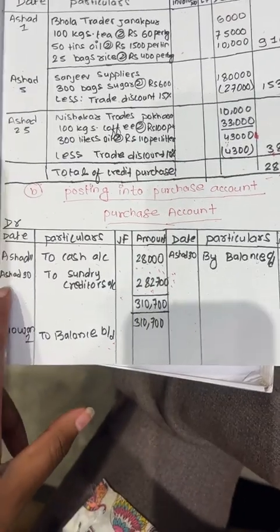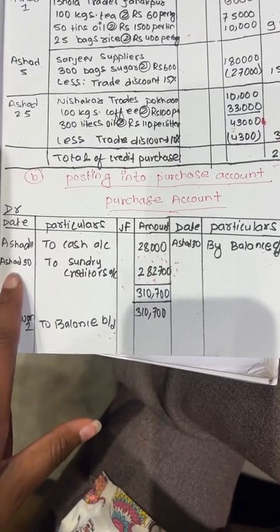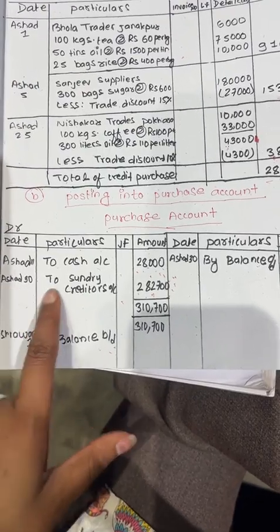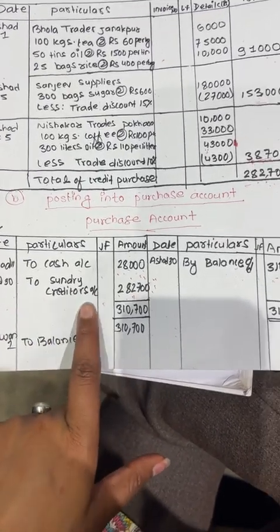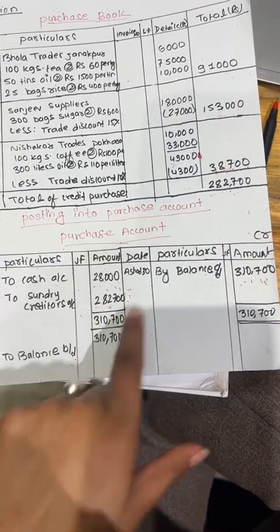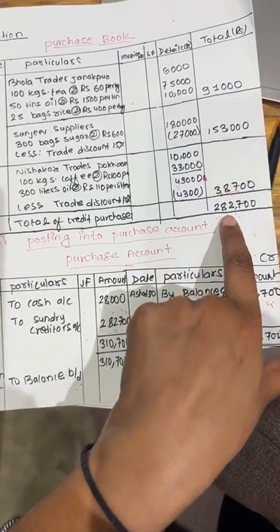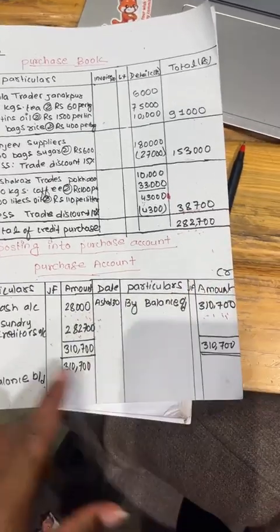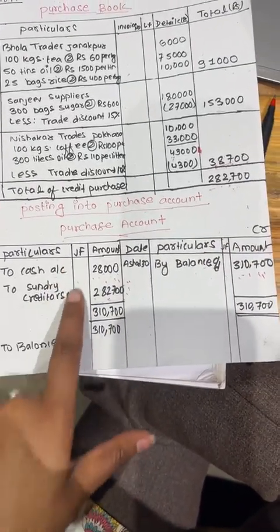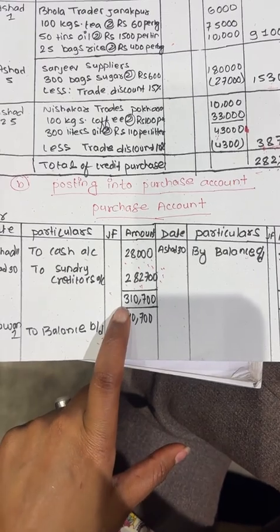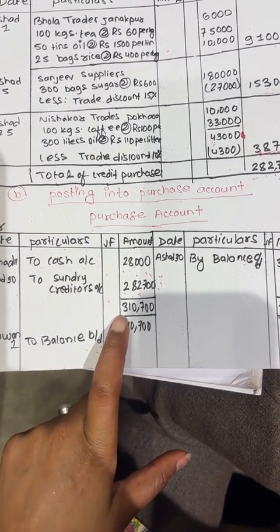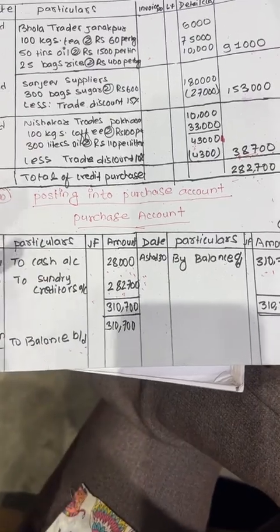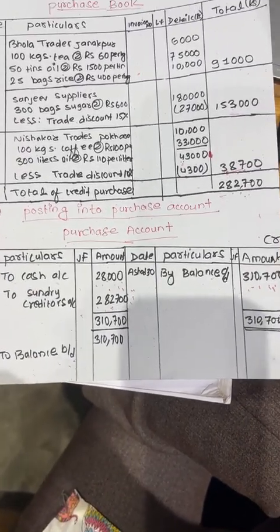Then we should also mention on the debit side, to sundry creditors, and the sundry creditors amount comes from here: 2,82,700. Then we add those values and it is 3,10,700, and on the debit side the value is 3,10,700.